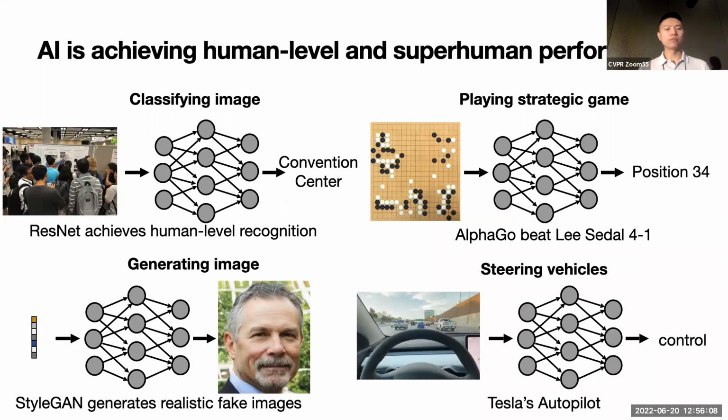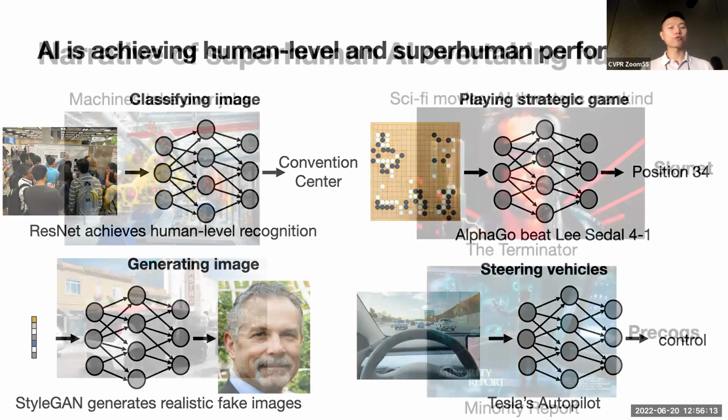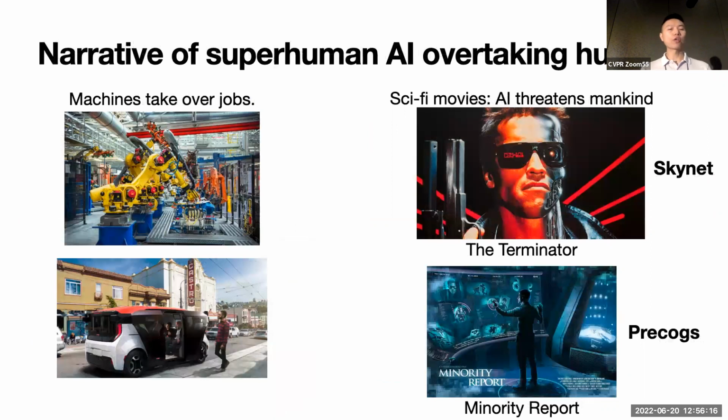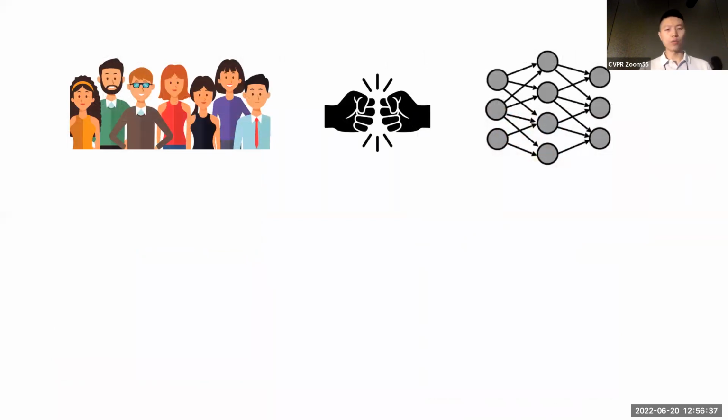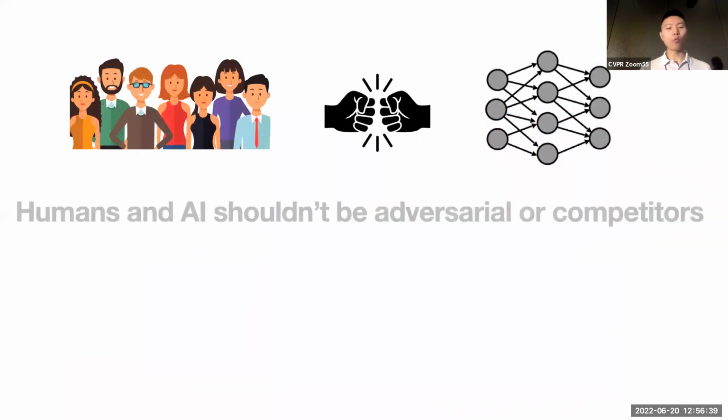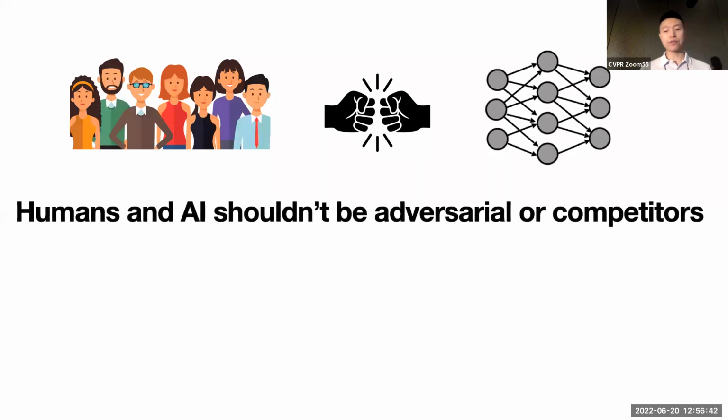This kind of superhuman performance actually generates a narrative of superhuman AI taking over humans. People start worrying that these machines will take over a lot of human job opportunities. Also, we may create some monster AI that may threaten humankind. Here I would like to argue that our relations with AI models shouldn't always be adversarial or competitors, right?